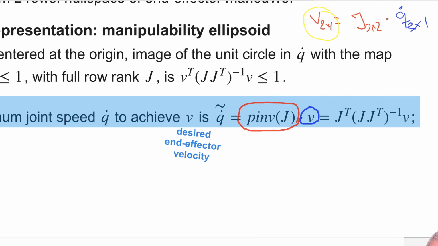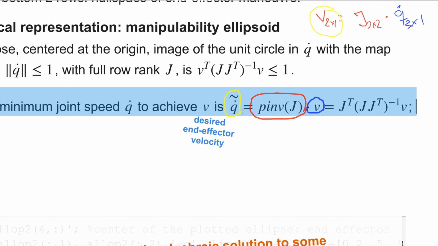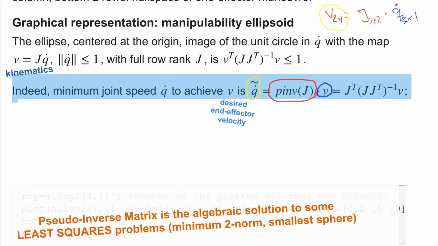So we'll check which values of velocity can be plugged into this formula to give this optimal joint angular speed vector having norm less than 1. Of course, the least square solution is the one to explore, because if the result of this operation does not have norm less than 1, then no other solution will lie in the unit sphere.